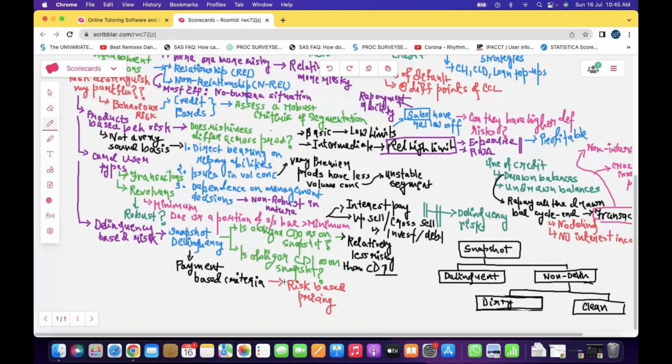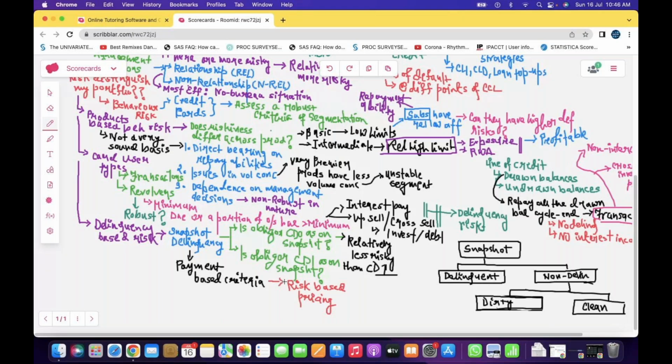Acquisition scorecards, we know, are models used at the time of origination to assess the riskiness of the borrower at origination. The behavior scorecards are used to assess the riskiness of the borrower at the behavior stage.